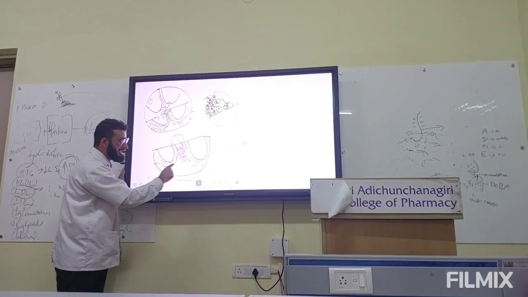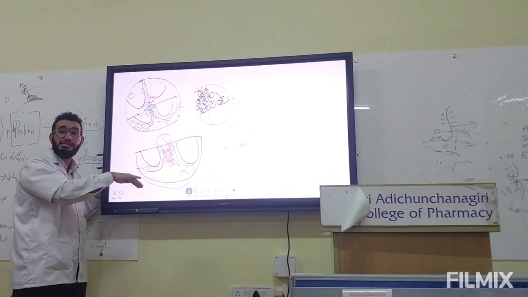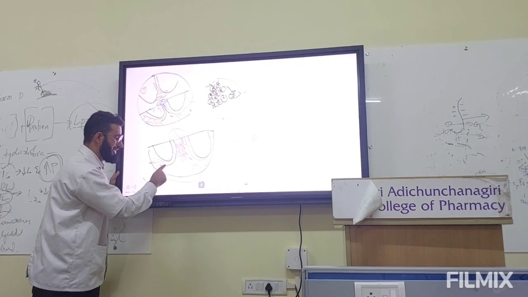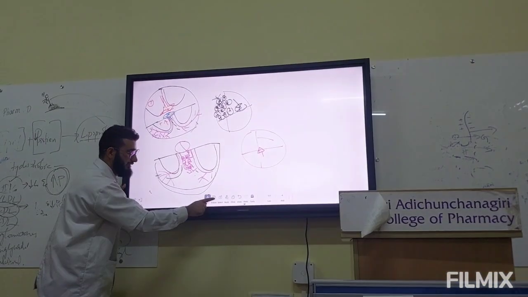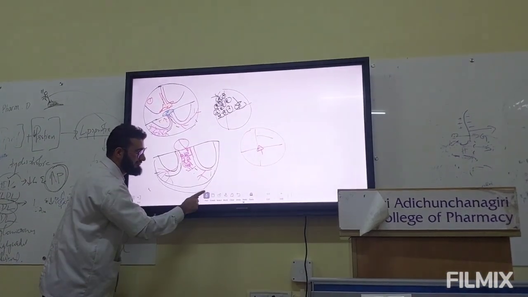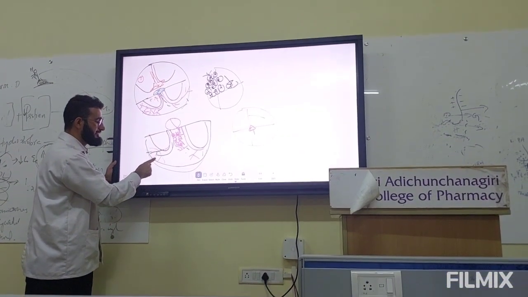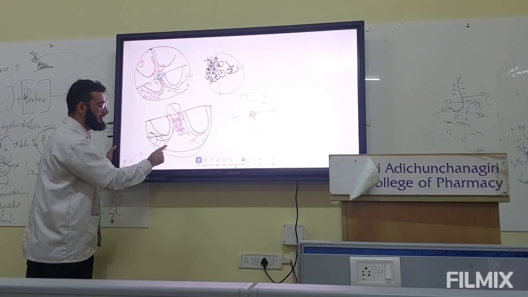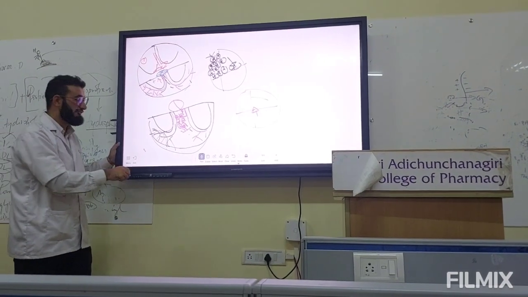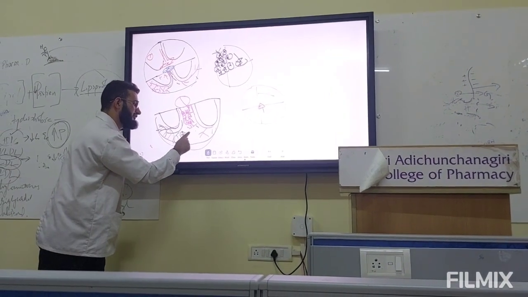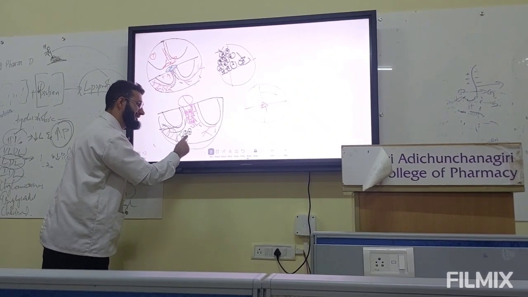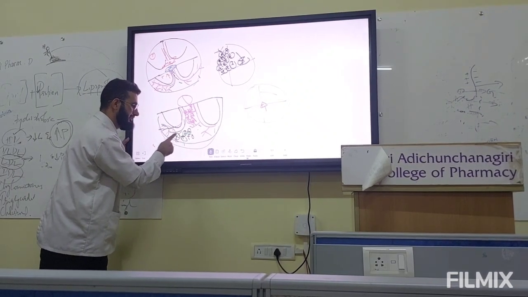Then there will be the major ventricular depolarization like this. This is the Purkinje fiber. This will rapidly stimulate the major ventricular tissue. First it will stimulate the first cell, then the second cell, then the third cell.